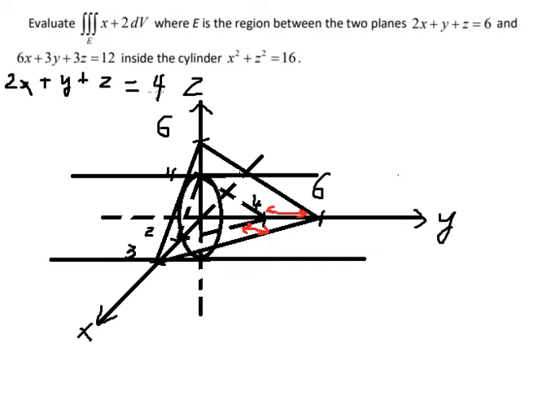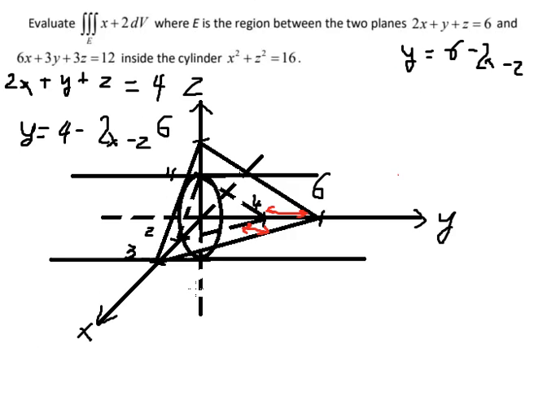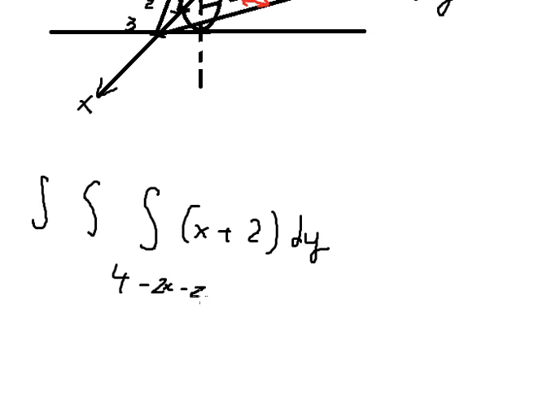So that means this one will be the bottom and this one is the top. For this one, we have y equal to 6 minus 2x minus z. This one, we have y equal to 4 minus 2x minus z. So 4 minus 2x minus z is the bottom, and 6 minus 2x minus z is the top.